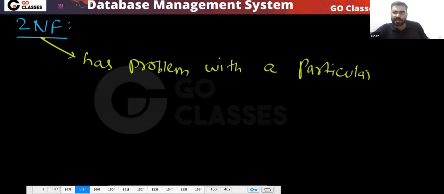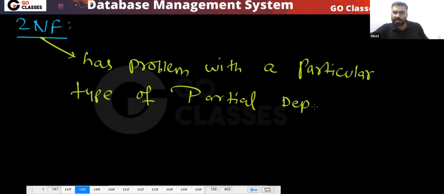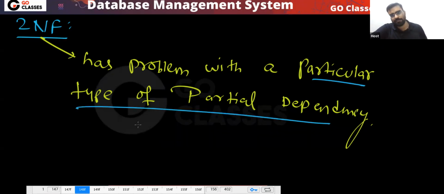Not all partial dependencies. Some partial dependencies are allowed. It does not have a problem with all partial dependencies.